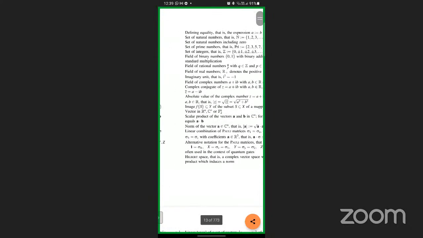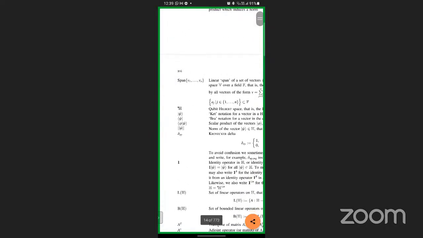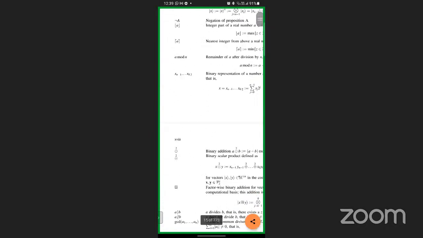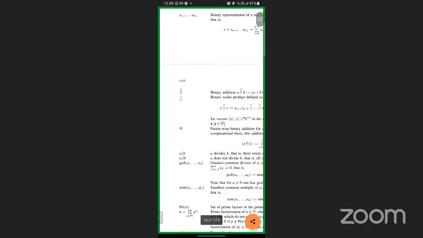These are the list of symbols. Half of the mathematics lies in the list of symbols used. Once you are clear about the symbols, half of the mathematics is clear. You see, I have already covered some of them.